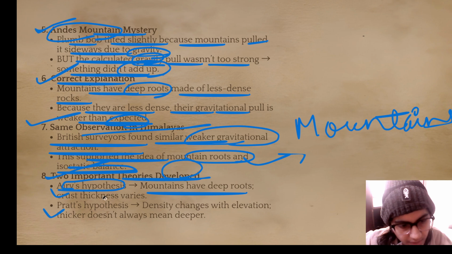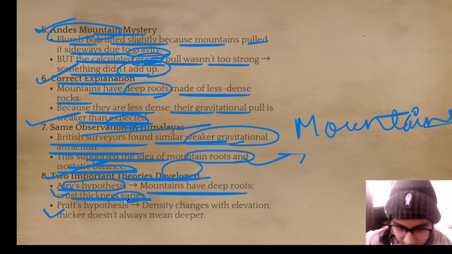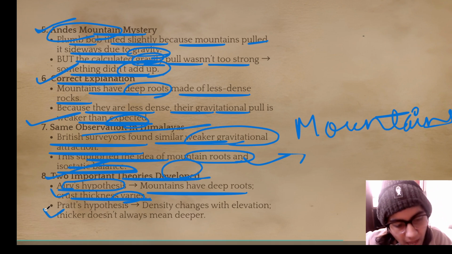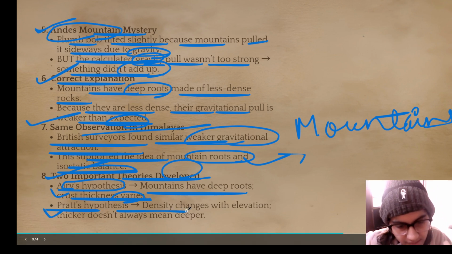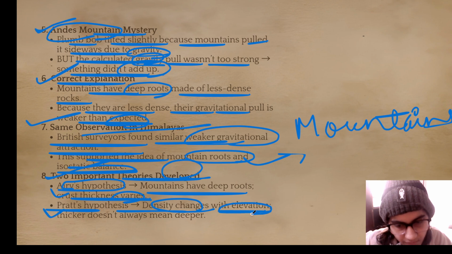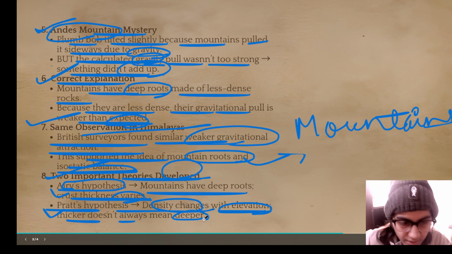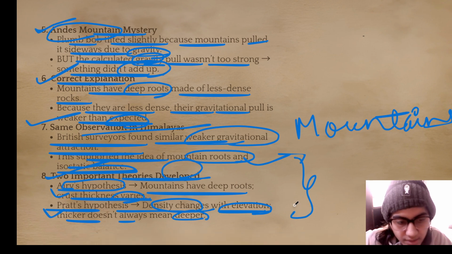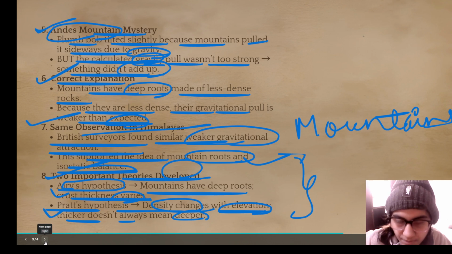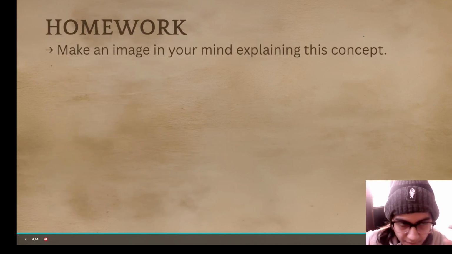Mountains have deep roots, crust thickness varies. And Pratt's hypothesis says that the density changes with elevation, meaning thicker height doesn't always mean deeper. These are two hypotheses, meaning theories, that they developed based on their observations, and we will cover them in more detail in upcoming videos.